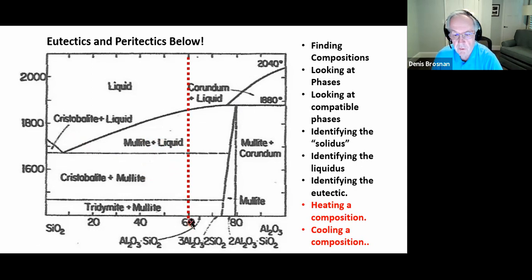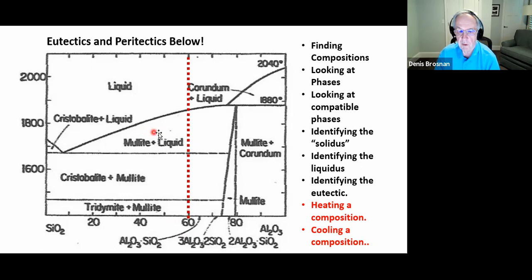So I've drawn in a composition path for us to talk about. It's 60% alumina. So at 60% alumina, we're going to start heating up and we're going to form a liquid over here at the eutectic temperature, which is in this case approaching 1700 degrees Celsius. That's good. And as we further heat something up, we form more liquid.